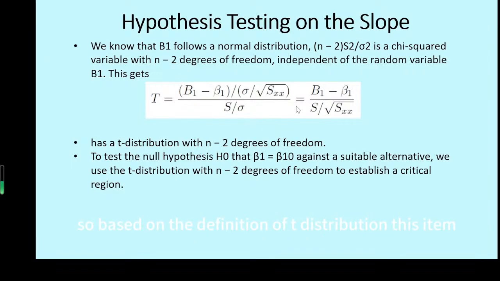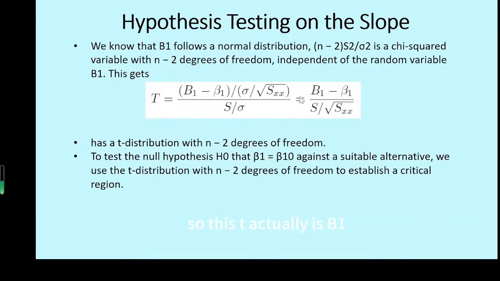Based on the definition of the T distribution, this is a standard normal random variable divided by the square root of a chi-squared random variable divided by its degrees of freedom. So this term follows a T distribution with n minus 2 degrees of freedom.